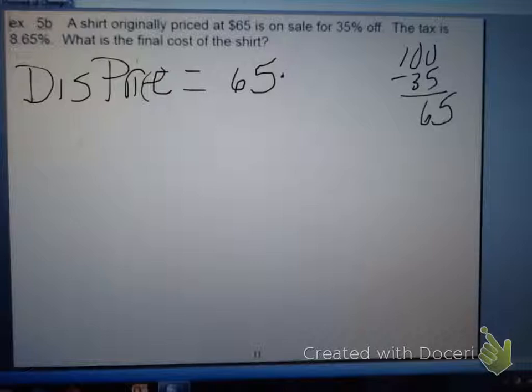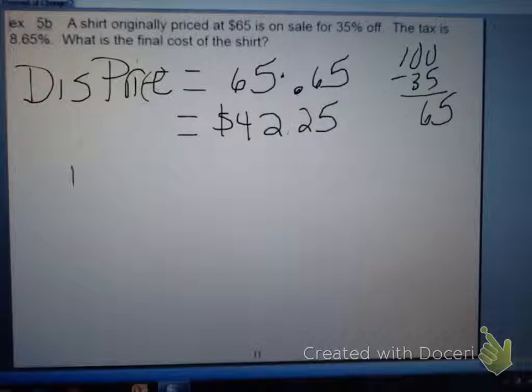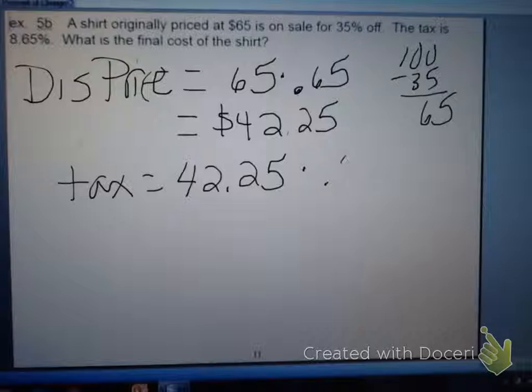So we are paying 65%, so that's 0.65. Using your calculator, that gives us $42.25. Now to calculate the tax, 42.25 times 0.0865. So the tax is $3.65.